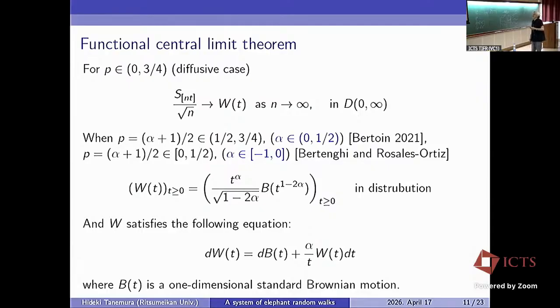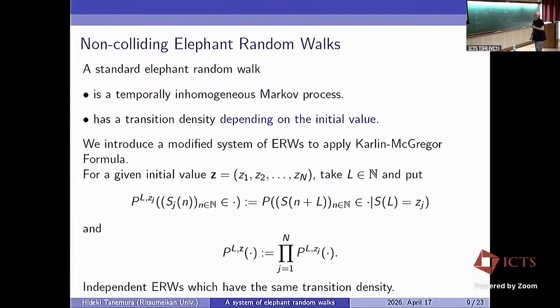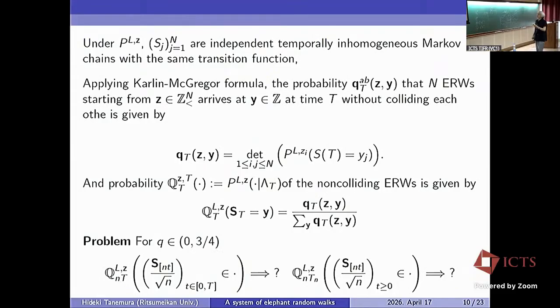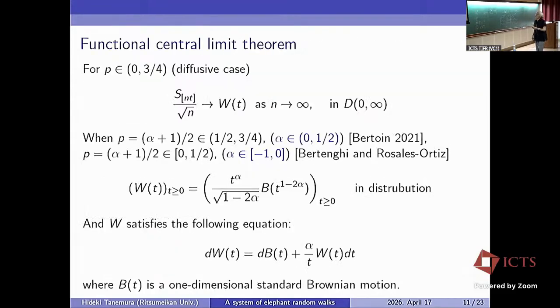And the P is the diffusive case, and we know that convergence. In this case, these people proved this one. And this W_T is a Gaussian process, and the convergence is like that before, but we have another representation like that. This is a scale and time scaling of Brownian motion. As a process, this is the same in distribution.